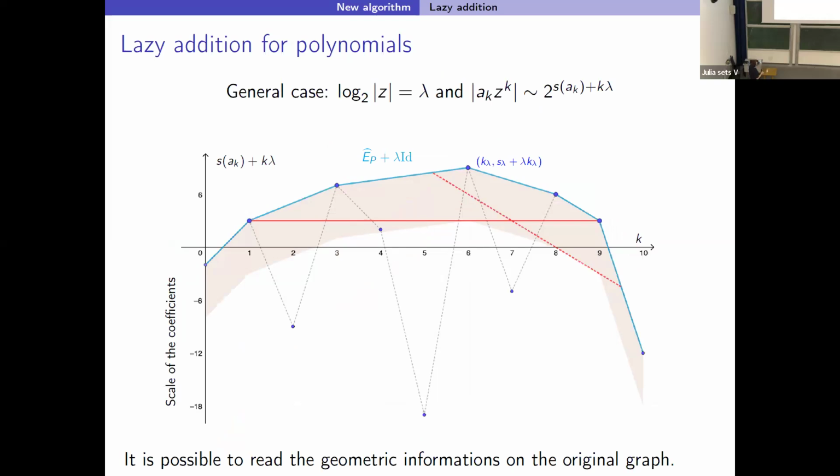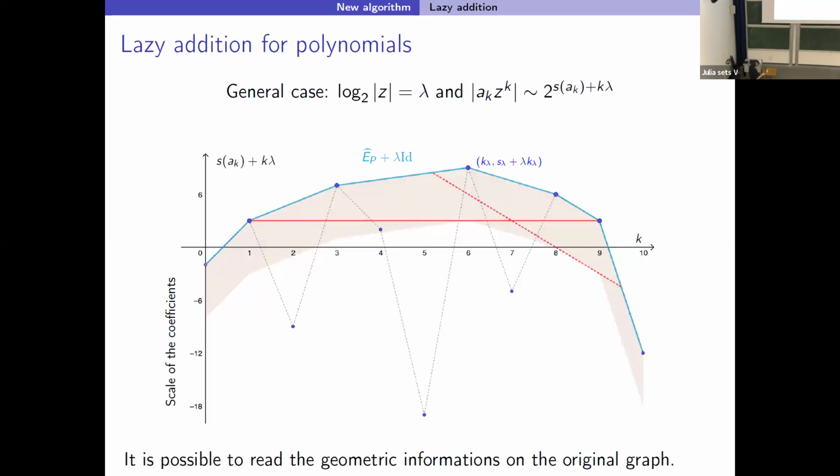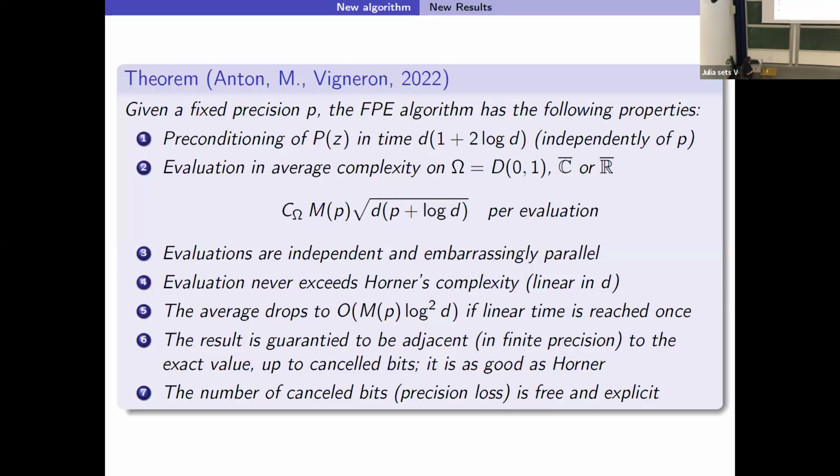So now, if the modulus of z is smaller than 1, lambda is negative, your previous graph, which had high values for high degrees, now high degrees have smaller values, but now you have some other problem. The span of powers that you have to evaluate may be longer than before. So this looks nice, but is there any guarantee that repeating this procedure for all z will give you something better than Horner? And actually, yes.